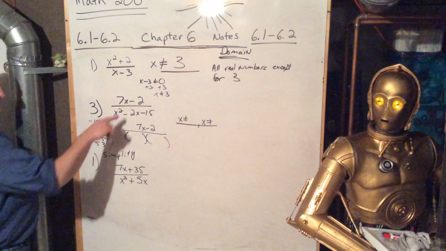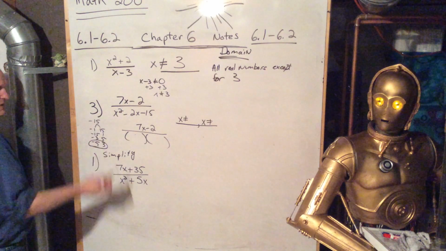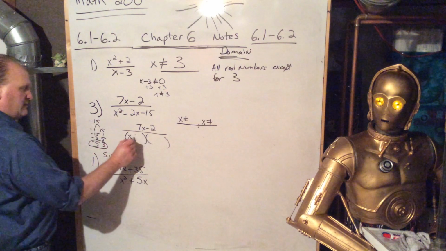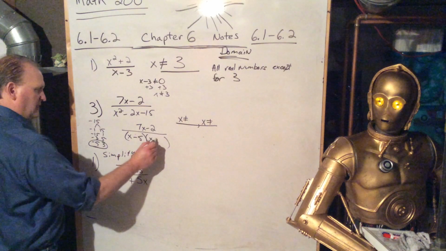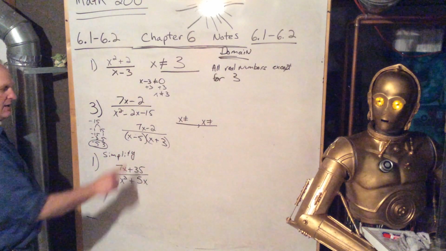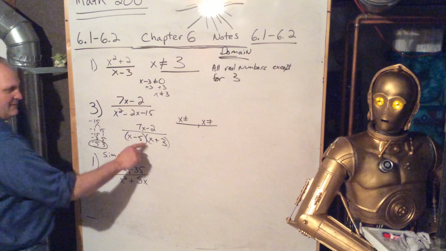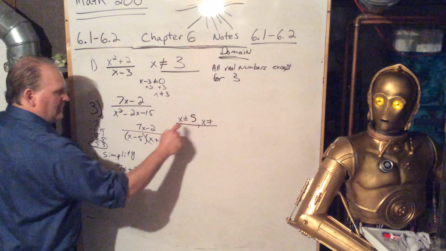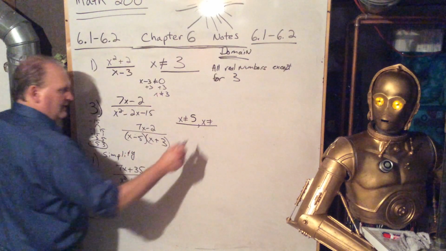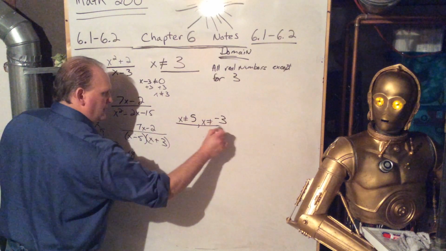Any of those add up to be negative 2? That would be the last one that I wrote. So x minus 5, x plus 3. So now what value would make that be 0? That would be a 5, right? 5 minus 5 is 0. So x cannot be 5, and x cannot be negative 3.